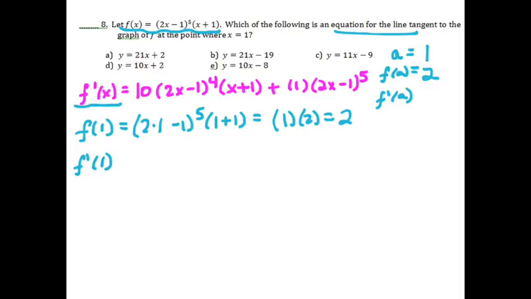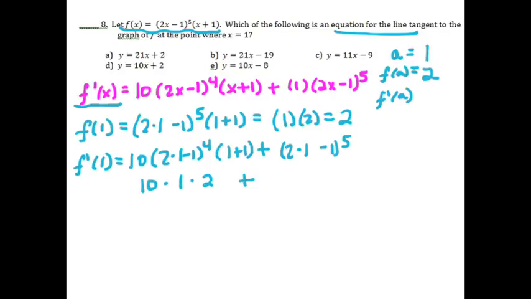And so now I'm substituting 1 into our derivative function here, which would be 10 times (2 times 1 minus 1) to the fourth times (1 plus 1) plus (2 times 1 minus 1) to the fifth. And this is equal to 10 times 1 times 2 plus 1, which would be 21. And so 21 is my f prime of a.